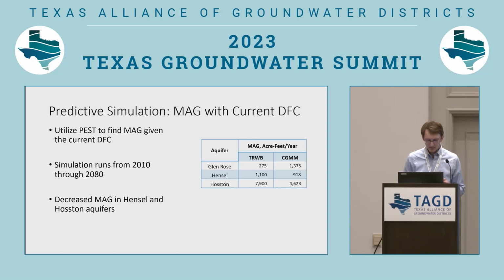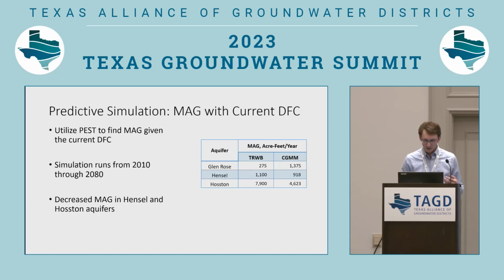The second predictive simulation we ran was looking at the opposite: what the modeled available groundwater would be given that current desired future condition, which is just the average amount of drawdown occurring in the county by aquifer. For this one, we utilized PEST to find the modeled available groundwater given the DFC.